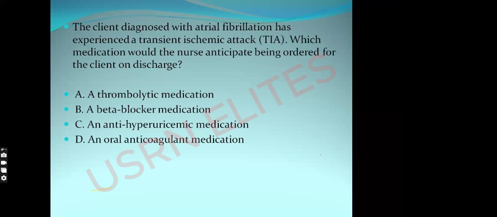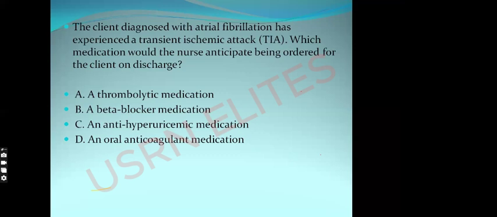If you understand atrial fibrillation very well, I'm going for D. Yeah, D. And the reason? Atrial fibrillation, and moreover, transient. What I know about transient is it comes and it goes, like a warning sign. So I'll go for D.